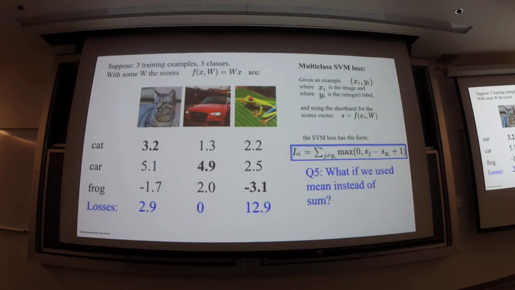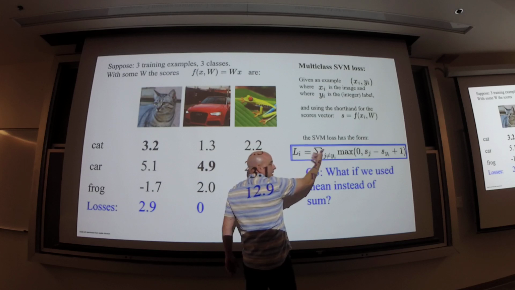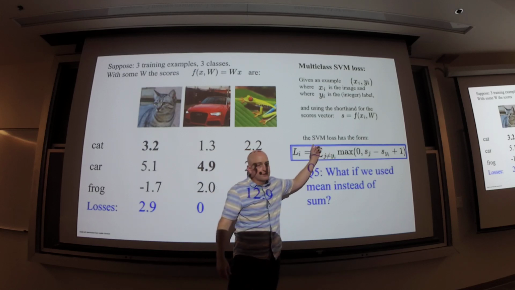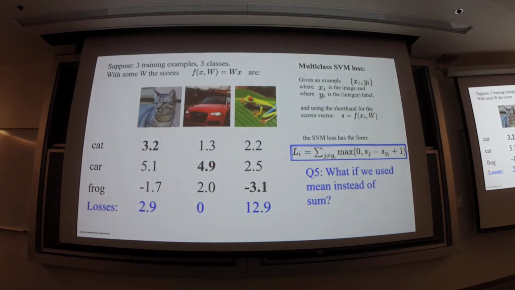There would just be a 1 over n minus 1, the number of things in this sum. So that n minus 1 would just come out, and whatever the loss is right now would just be scaled by n minus 1. Again, it's a different score, but the details wouldn't change. All of the relationships about what's larger, what's smaller would all be preserved. It's just some sort of scaling of that.